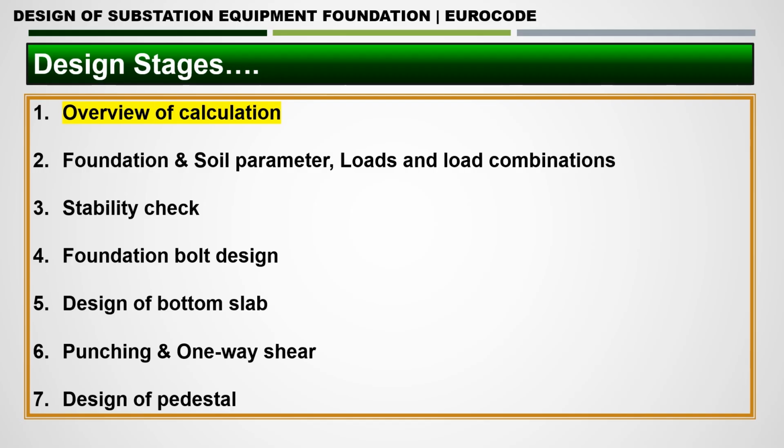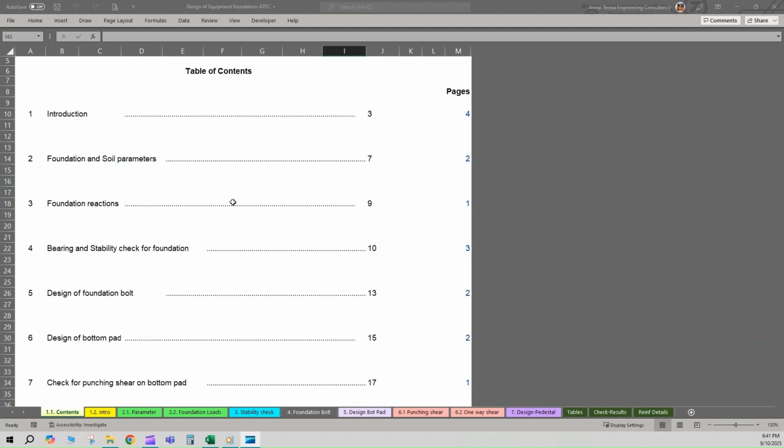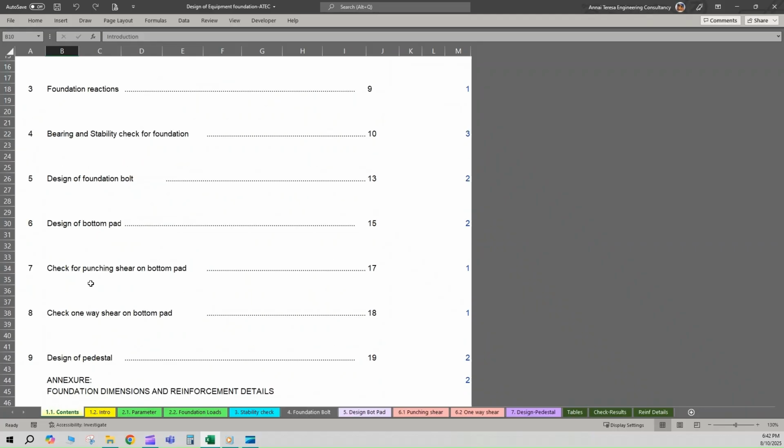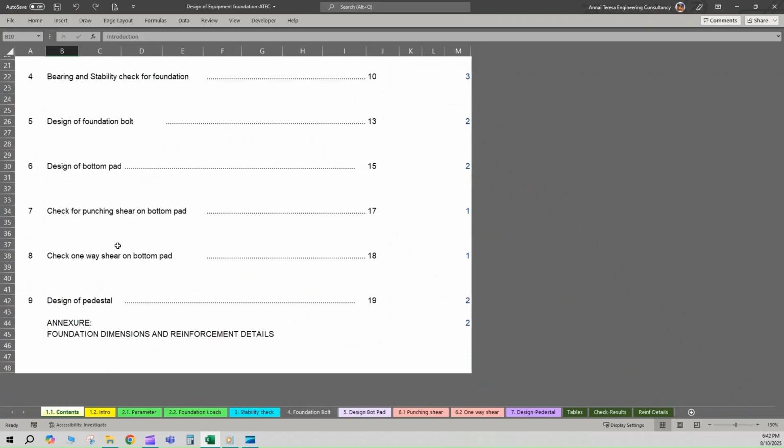So now let me look into the Excel calculation. On the screen you can see the table of contents which is going to cover all these 7 series of our equipment foundation design calculations. It includes this introduction page which is going to explain the detailed calculations and the formulas we are going to follow for stability check, design of bottom pad and foundation bolt, check for punching shear, one-way shear.